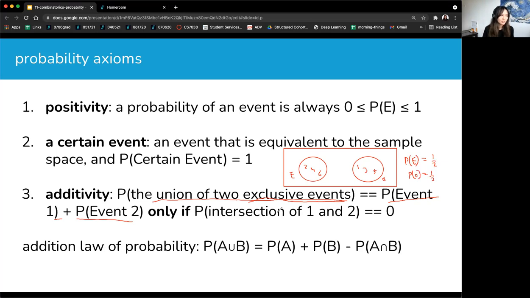And in this case, the probability of the union of these two is this area plus this area, both of which are 1/2, so therefore it equals 1. This works out only if these two do not intersect, so only if these 2 circles do not overlap. So it makes sense. If they do overlap, there's a formula for that: the probability of A union B, if there's an overlap, is A plus B minus the intersect.